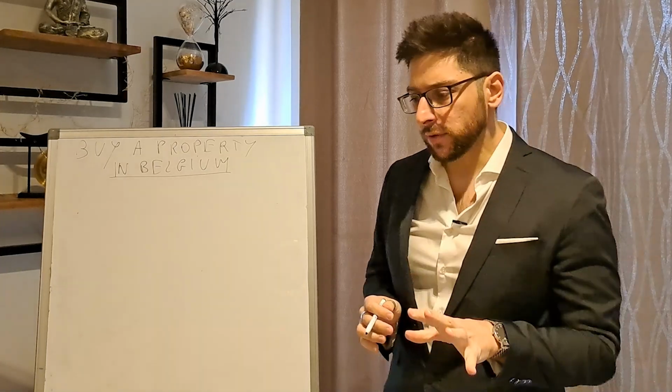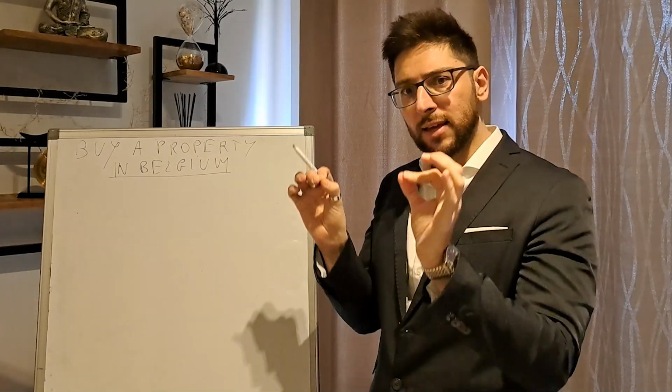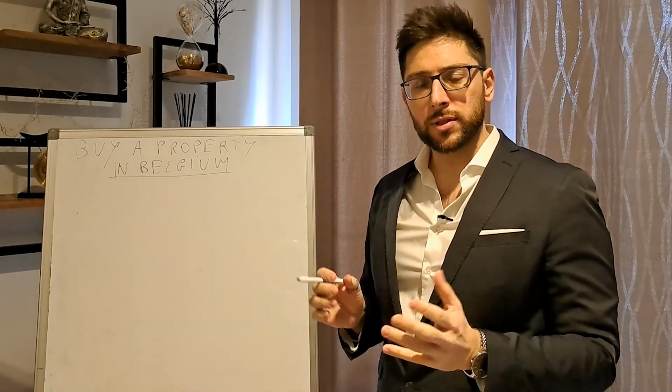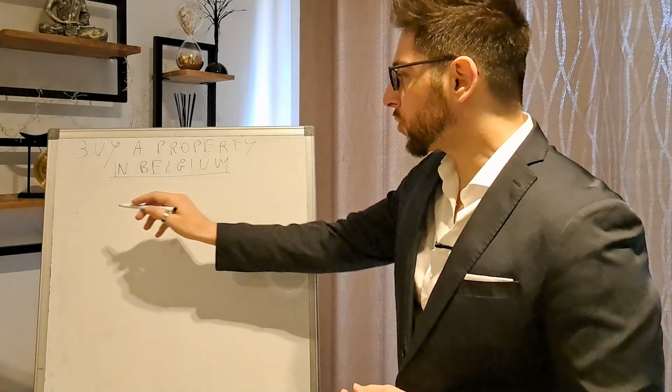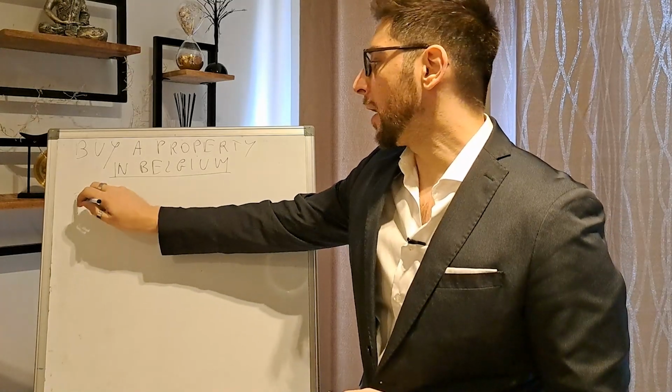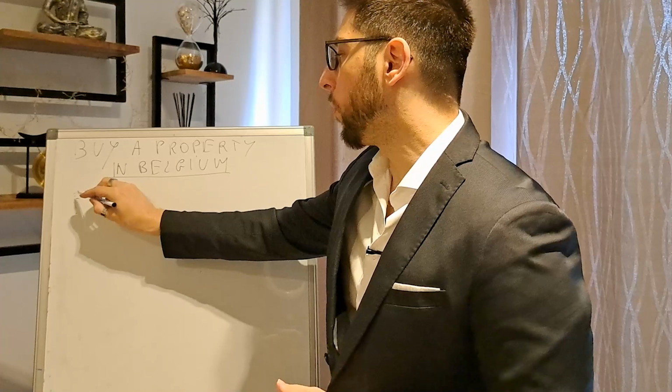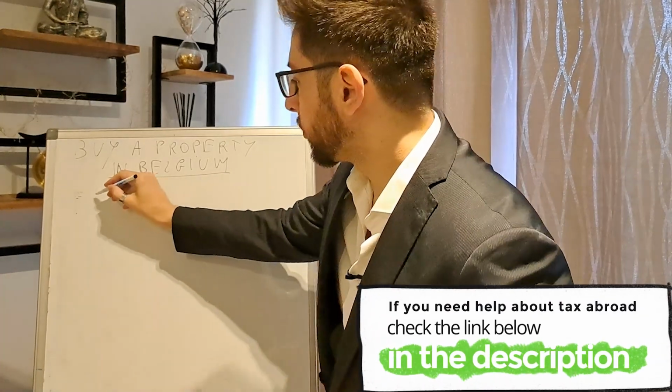First of all, I have to quickly give you a little bit of context. Belgium is divided into 3 regions, which are federal states. The first one is Flanders, and I'm going to explain why we need to make this differentiation. We need to understand how this country is structured. So Flanders.